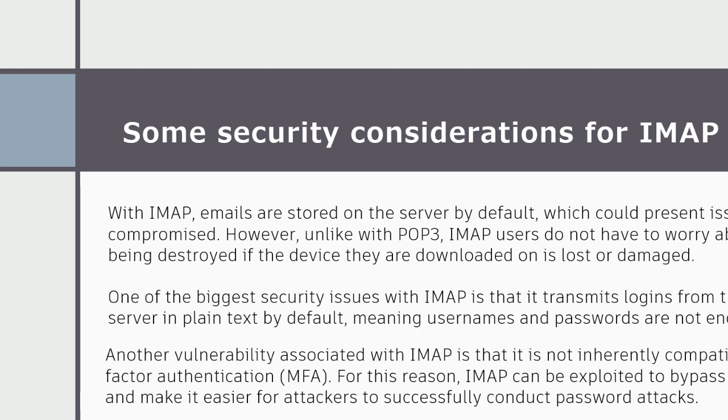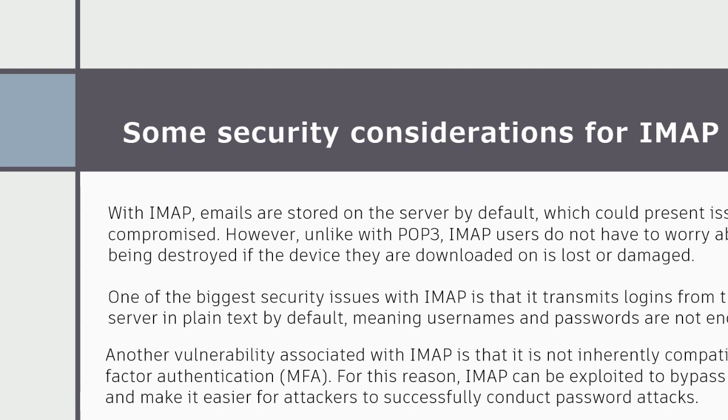One of the biggest security issues with IMAP is that it transmits logins from the client to the server in plain text by default, meaning usernames and passwords are not encrypted.